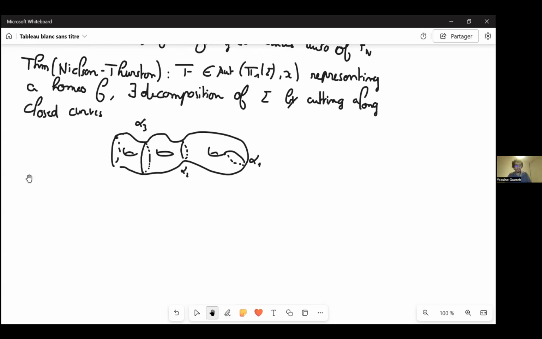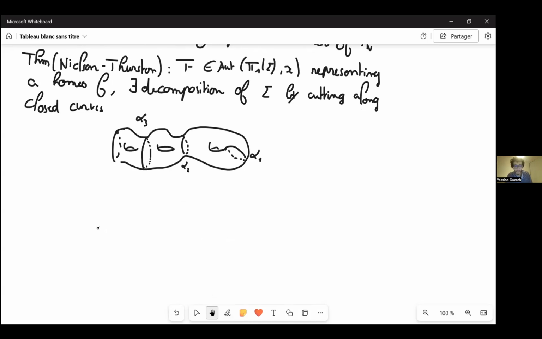This decomposition is preserved by the centralizer of your homeomorphism up to homotopy.